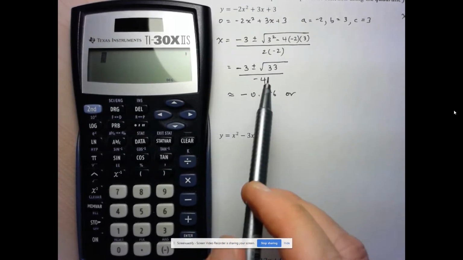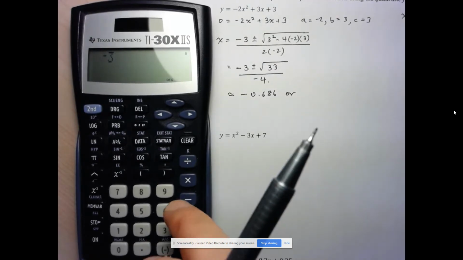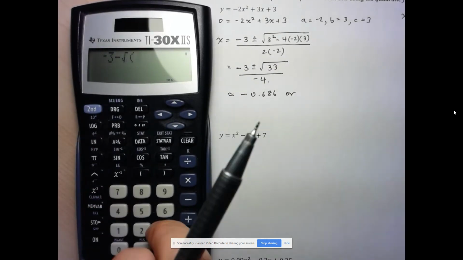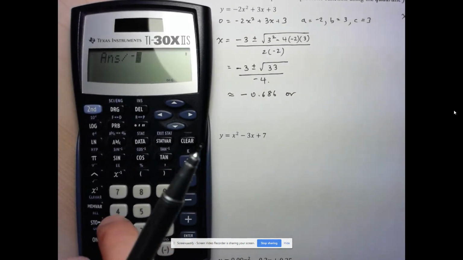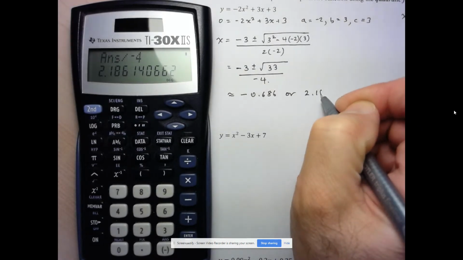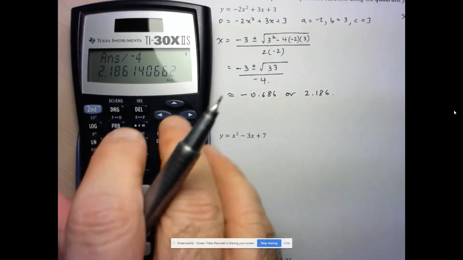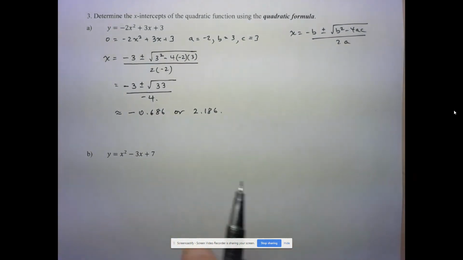First calculate the numerator, press equal, so you see what I do. The next one is negative 3 minus square root of 33, press equals, and then from there divide by your denominator, negative 4. That's 2.186. All right, so based on what we found, the quadratic formula shows us that there are 2 x-intercepts.